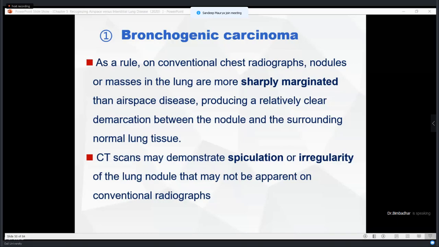These are characteristic features of bronchogenic carcinoma. Do not ever forget this kind of radiographic feature. Spiculations or irregularities around the lung nodule on CT scans are suggestive of a bronchogenic carcinoma.